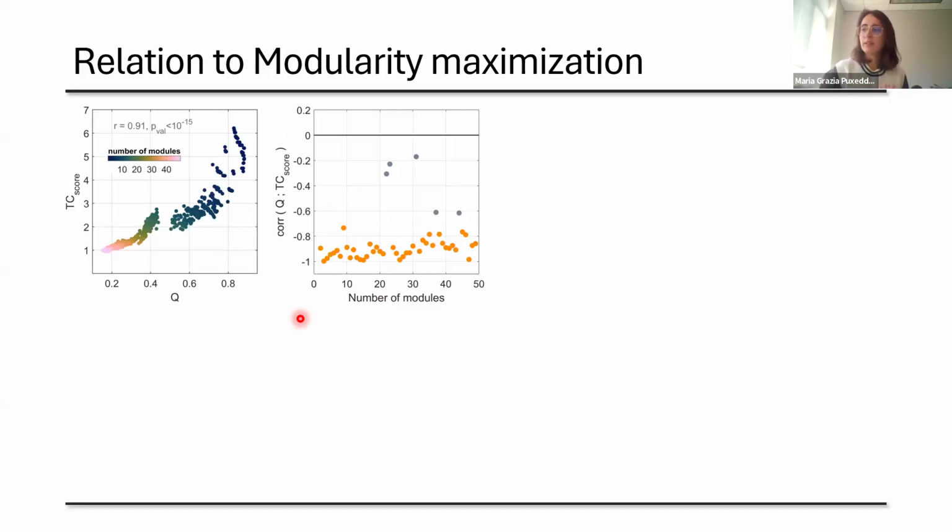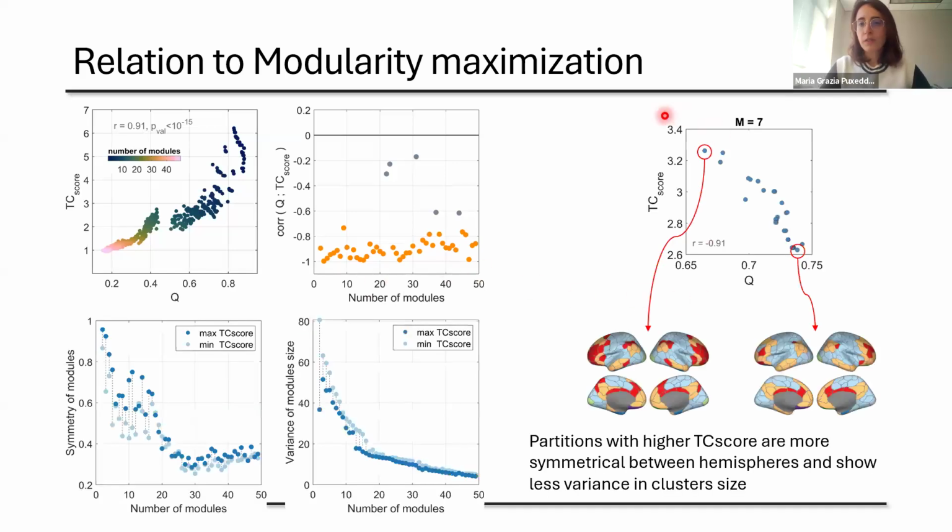So that means that there is something that t-score captures that is not captured by Q and vice versa. So for example, this is for 7 modules. These are all the partitions with 7 modules, and you see the partition with the highest Q is the partition with the lowest t-score and vice versa.